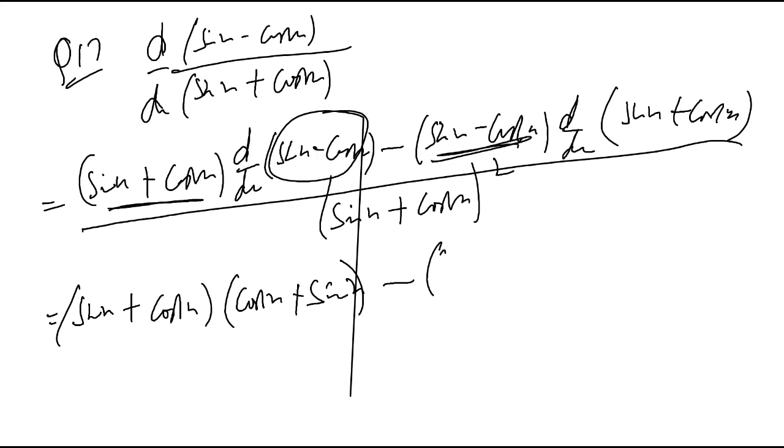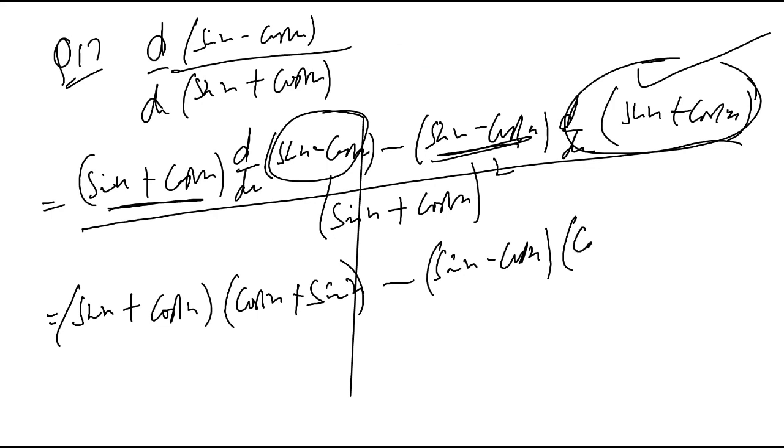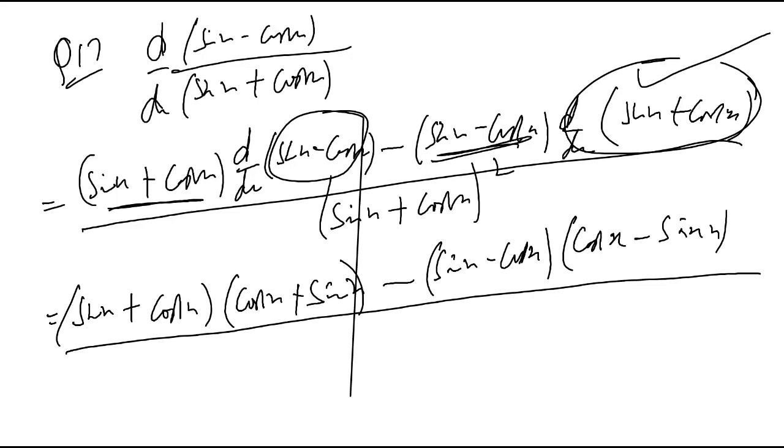And now you have to differentiate sin x plus cos x. It will give you cos x minus sin x. And in the whole of it, you have the denominator sin x plus cos x, squared.